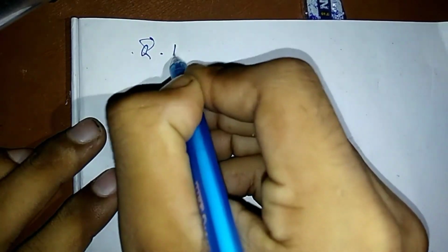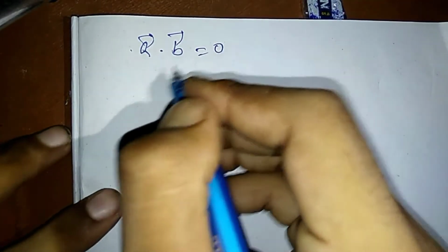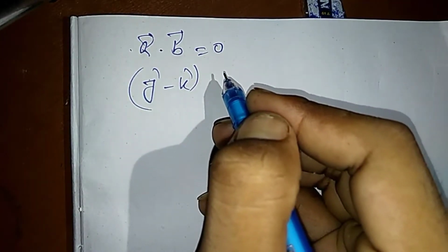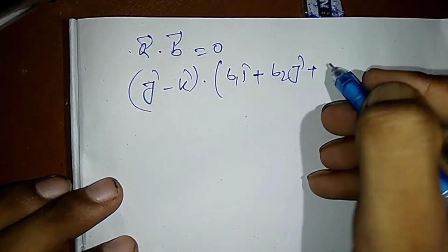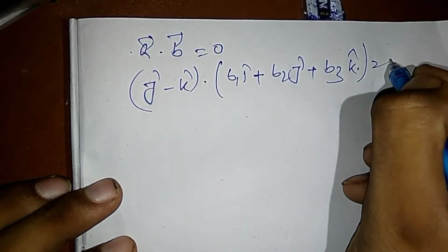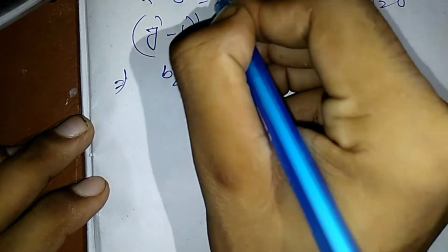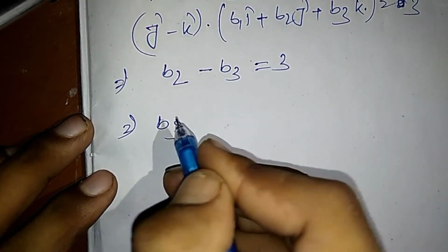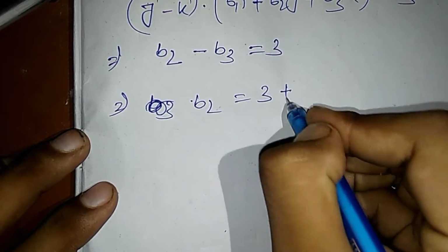Now I put down equation 4, which is A dot B equals 3. I put the value of A, which is j cap minus k cap, dot b1 i cap plus b2 j cap plus b3 k cap equals 3, which implies that b2 minus b3 equals 3, so b2 equals 3 plus b3.